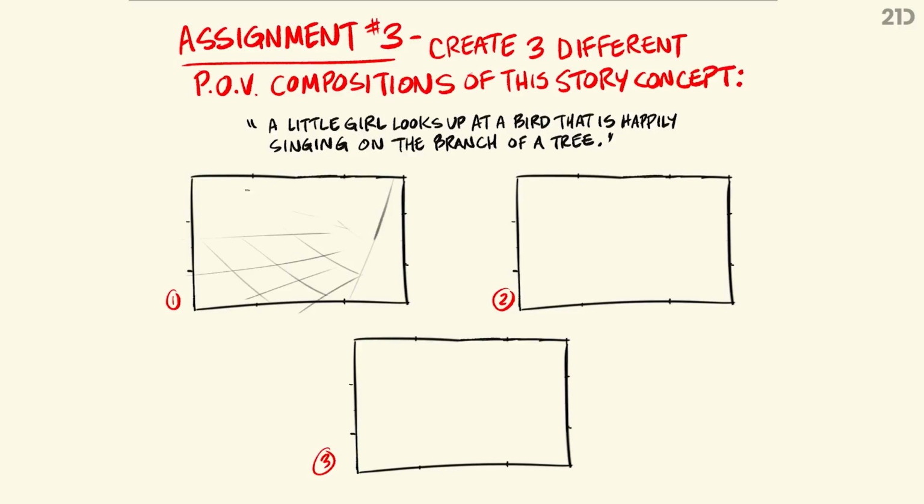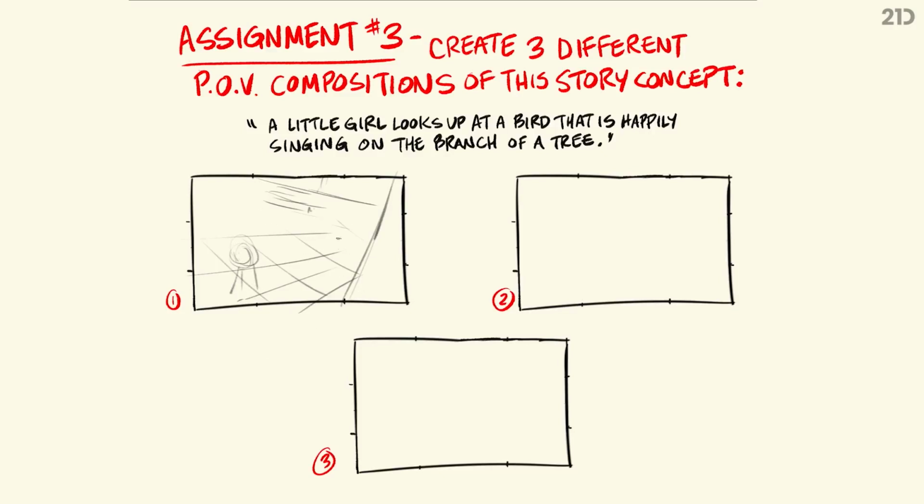And maybe there's a house over here with some steps and a porch. But look, I'm getting some nice angles from this. This is our tree. I want to put the girl over here somewhere in the thirds, not too far over. So I'm thinking that she could be here, looking up.